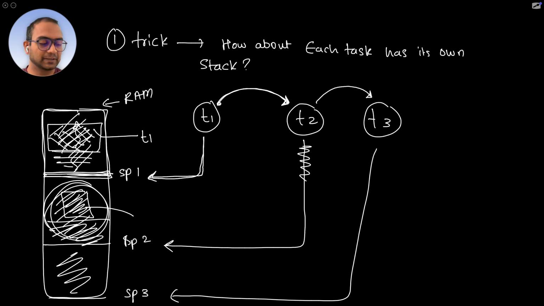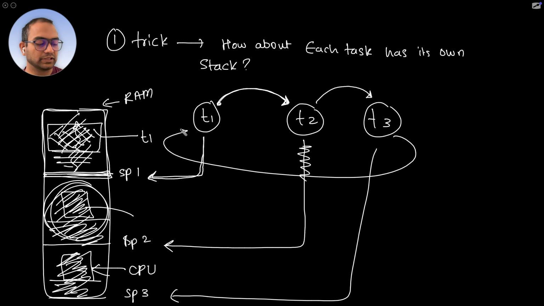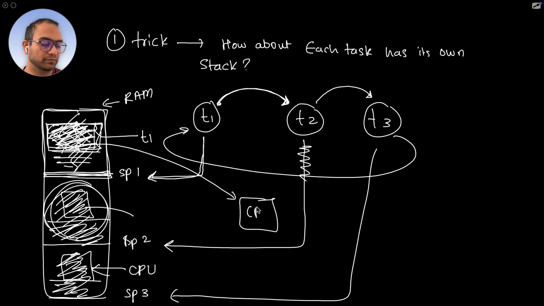And why that is important becomes clear in a bit. Same thing with T3: local variables go here, and then the CPU context for task 3 goes on the stack for task 3. And now when it switches back from T3 to T1, what happens is this saved context for the CPU for task 1 is restored back into the CPU.